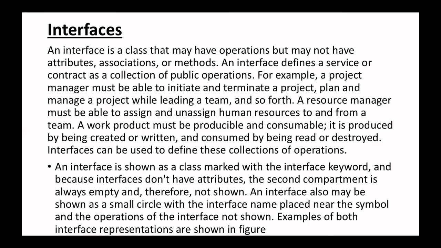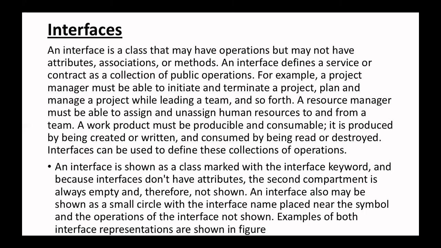An interface also may be shown as a small circle with the interface name placed near the symbol. This is the representation of an interface within the class or within the development process, because interface is a very important part for interaction of classes.